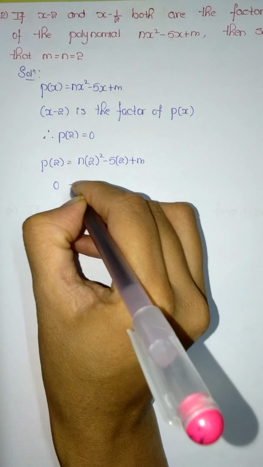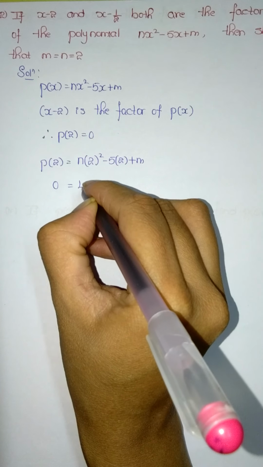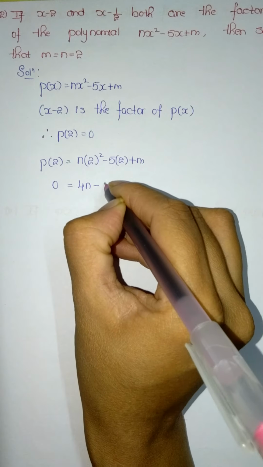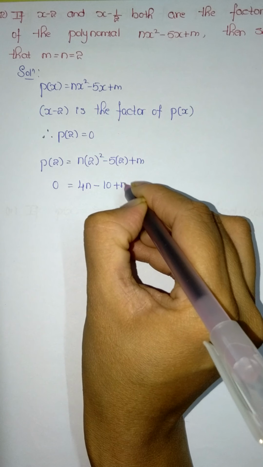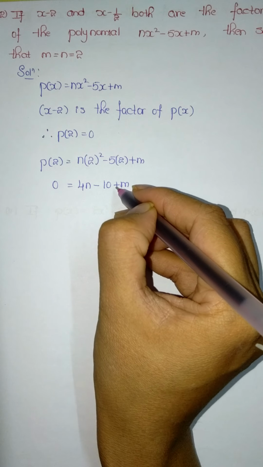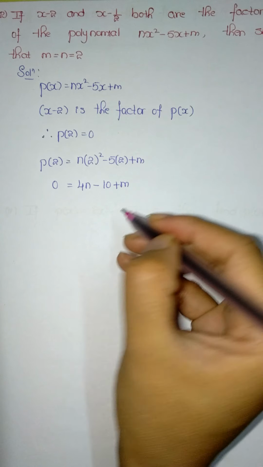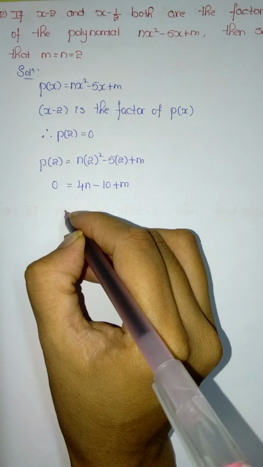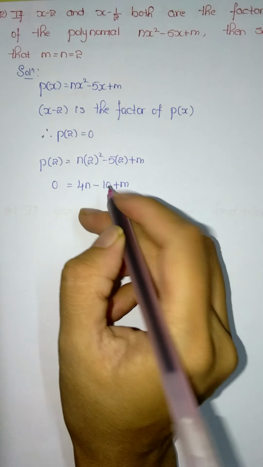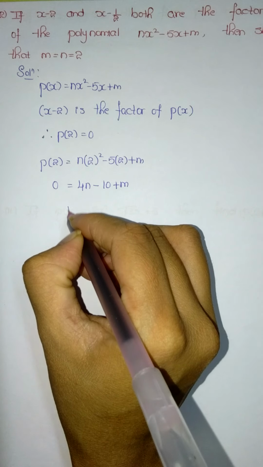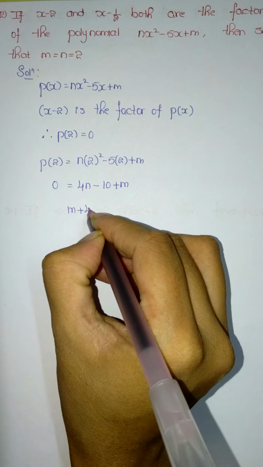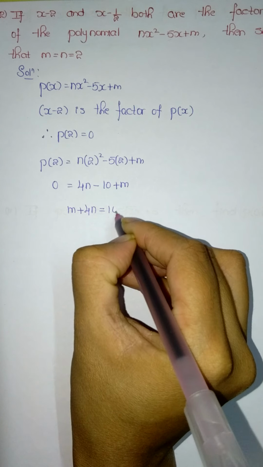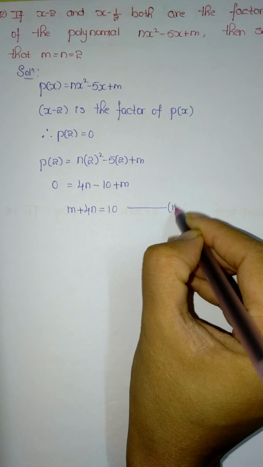So this is 0 already, it's given. So 4n minus 10 plus m. So here take this 10 to this side, so it becomes m plus 4n equal to 10. So this is equation 1.